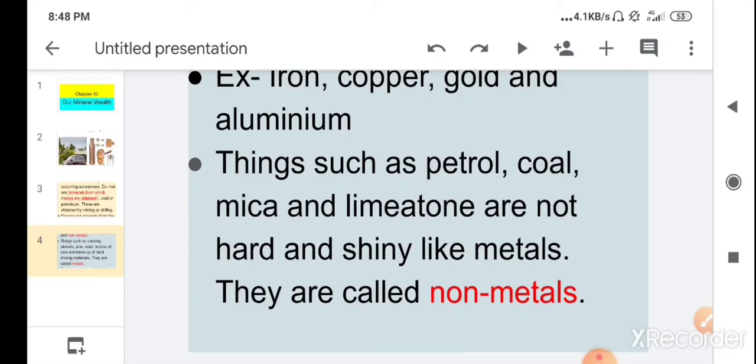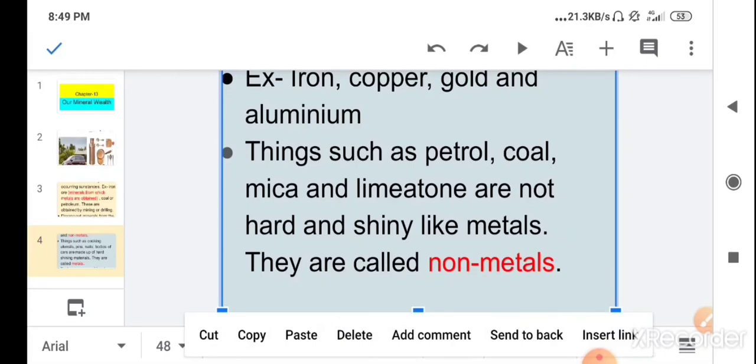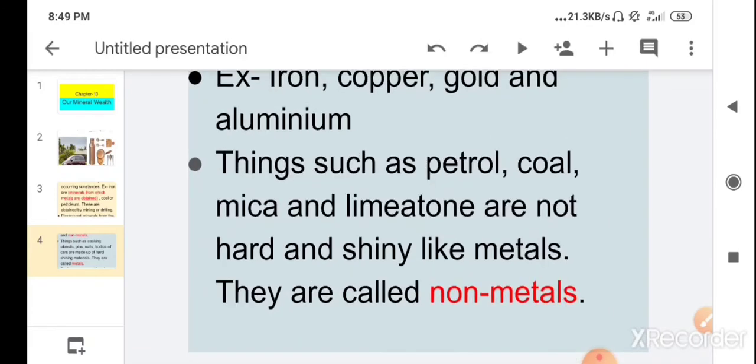So now you know that metals are hard and shining. Non-metals are not hard and shiny like metals. Examples of non-metals are petrol, coal, mica and limestone.